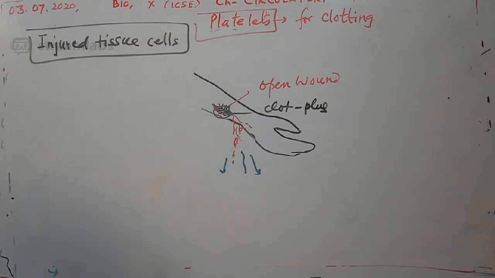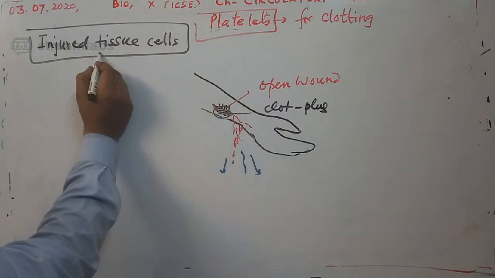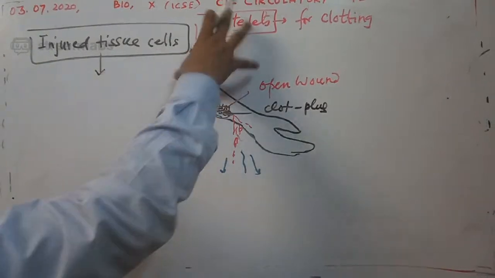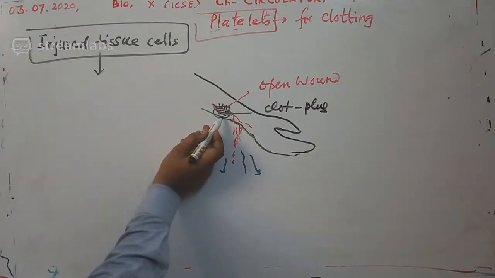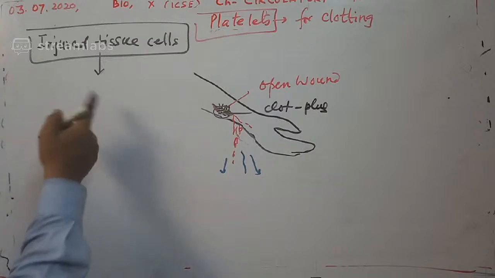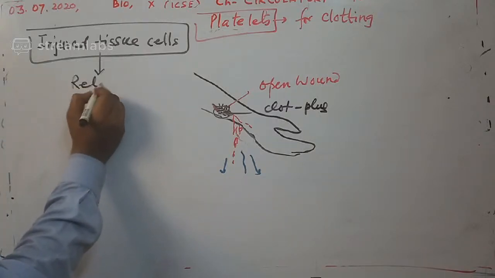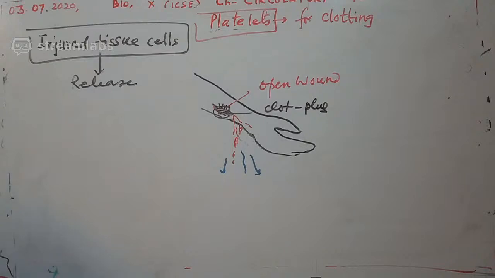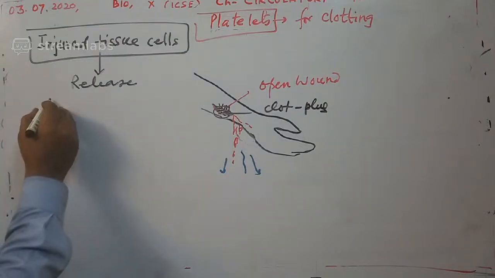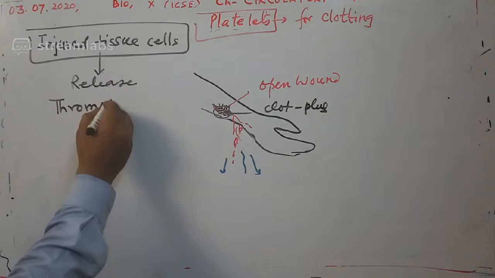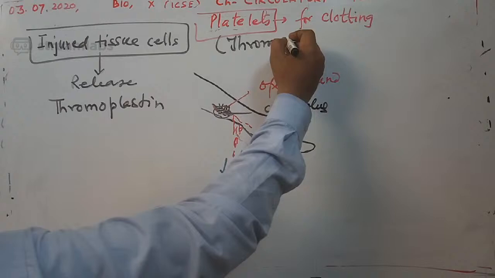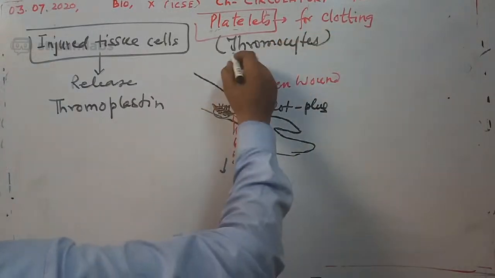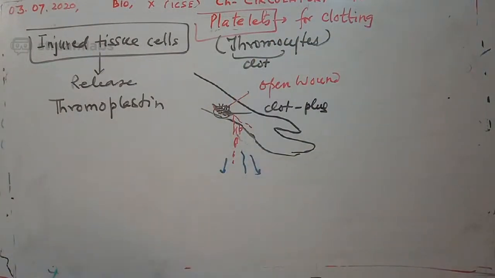Whenever there is an injury or any part is injured, only at that time this mechanism of clotting is activated. Whenever there is an injury, at that time there is release of platelets. They are called thrombocytes. Thrombo means clot actually. They are needed for clotting, so they are also called thrombocytes.